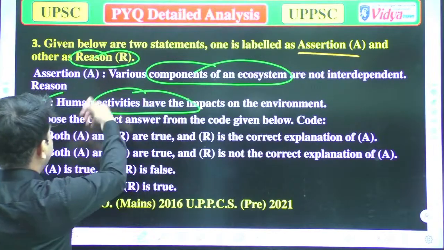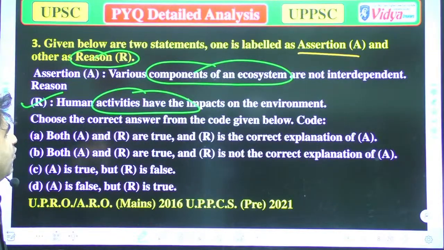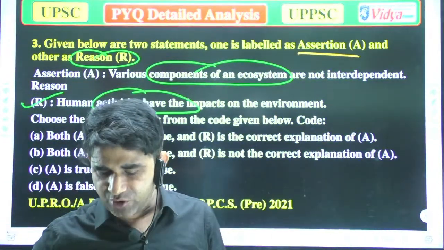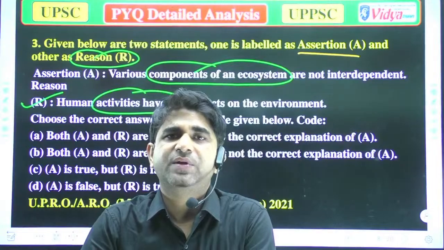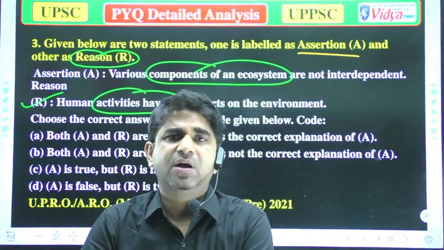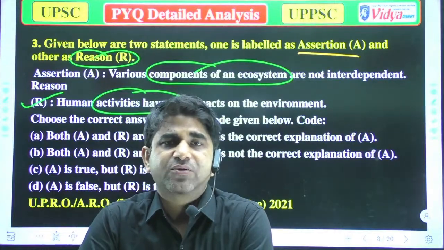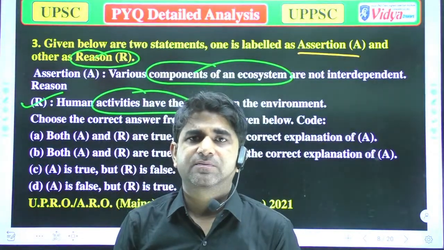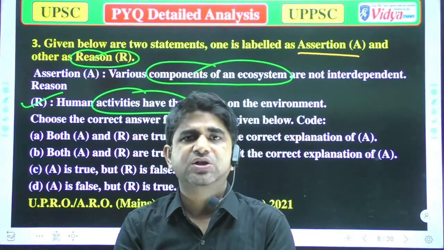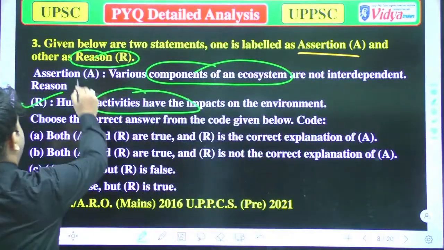Again, about the assertion, various components of an ecosystem are not interdependent. If you have studied ecosystems, every biotic and abiotic component of an ecosystem is totally interdependent, linked to one another in their properties. So the assertion is incorrect.